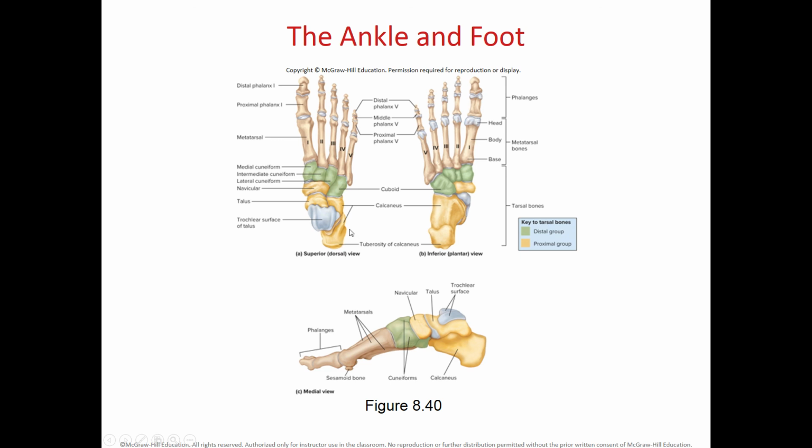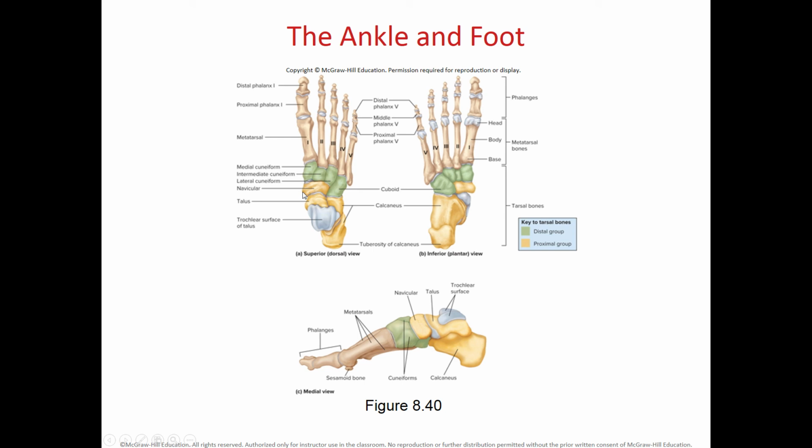So this will be the calcaneus, the heel bone, the superior and inferior view. Then this will be the talus that forms connection to the tibia and the fibula, but especially the tibia. And then the talus connects to the navicular, which is this rectangular shape bone that looks like a chip.